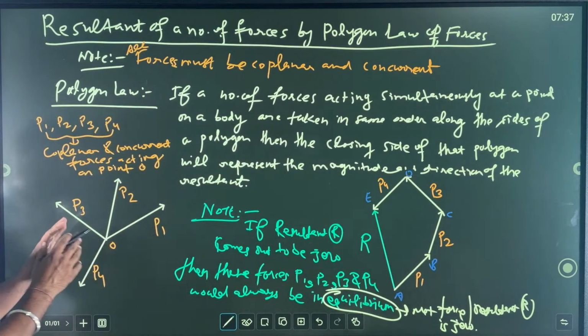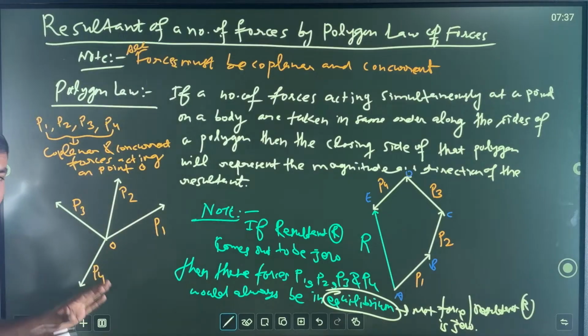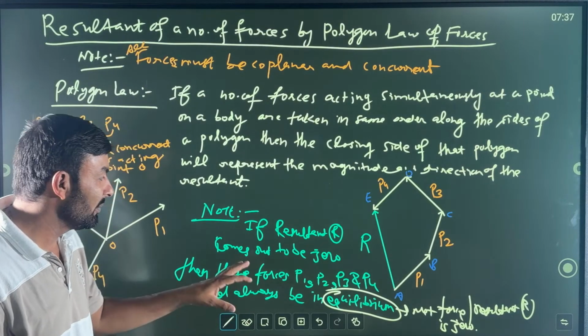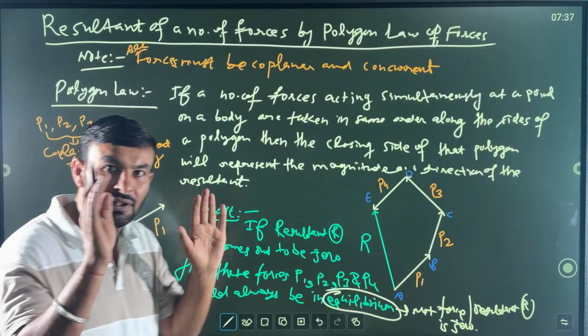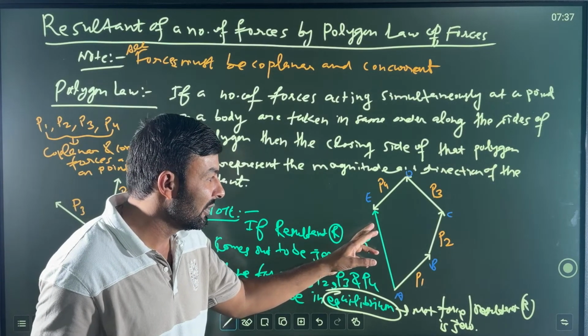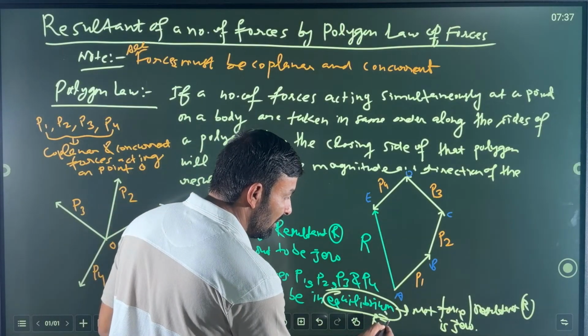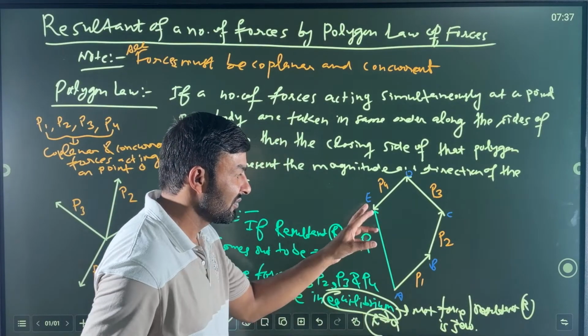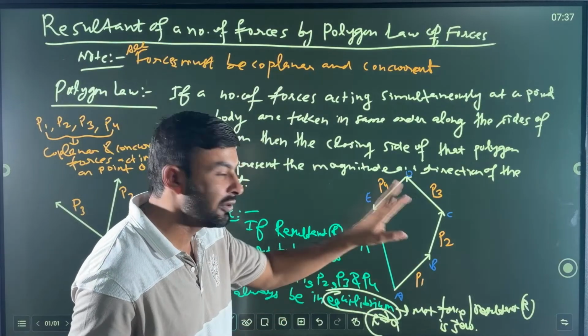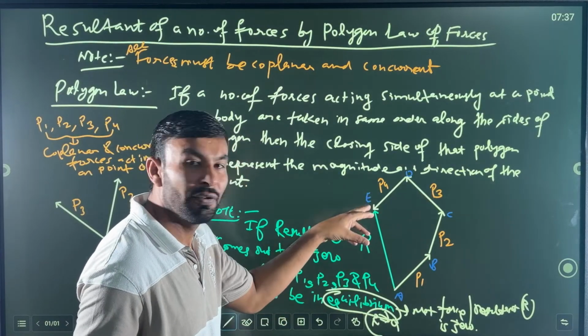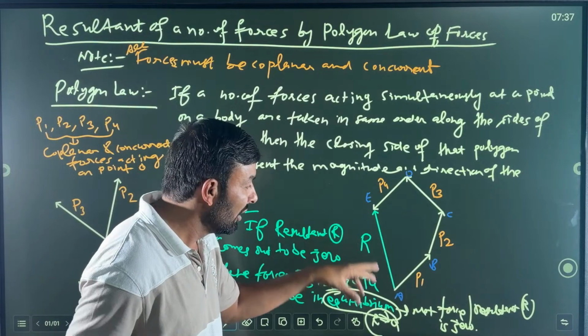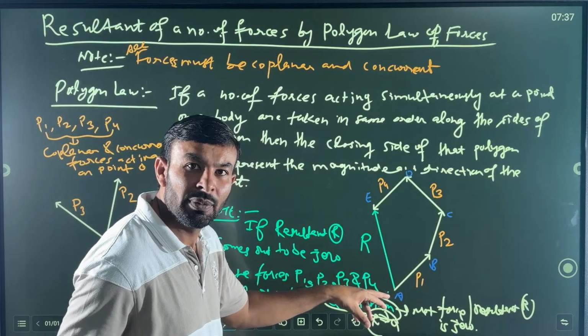If these forces P1, P2, P3, P4 are in equilibrium, then the resultant R value becomes zero in equilibrium. Then when you draw P1, P2, P3, P4, automatically this E point will coincide with A point, my dear friends.